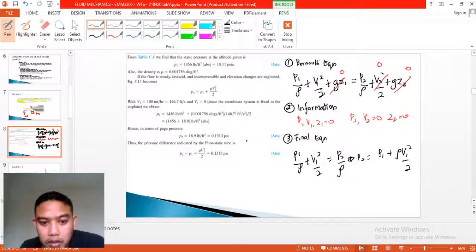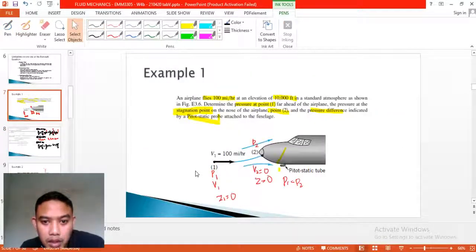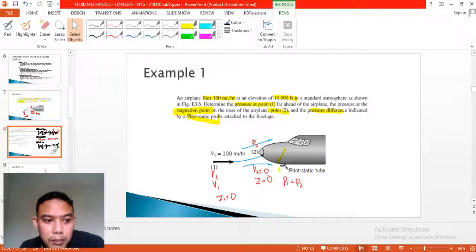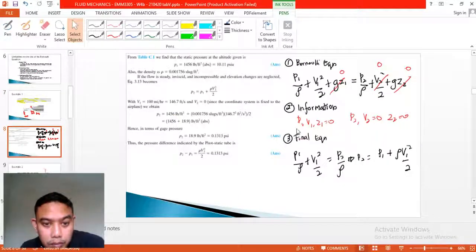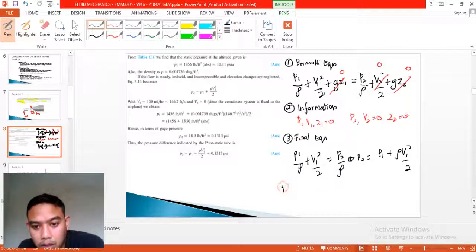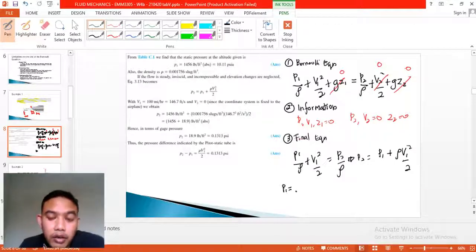So we come back to the question. The first question is to determine the pressure at point 1. The pressure at point 1 is equal to the static pressure at an altitude of 10,000 feet.